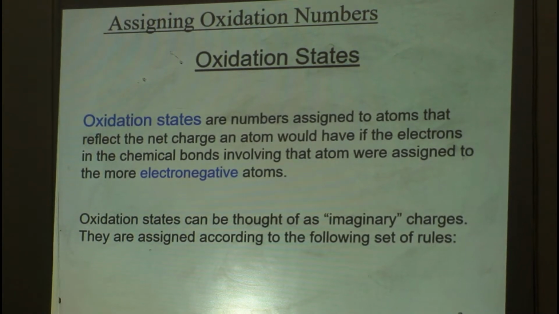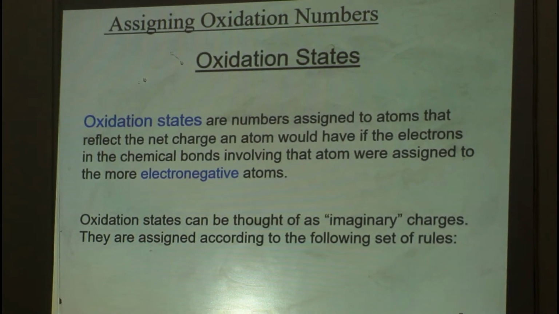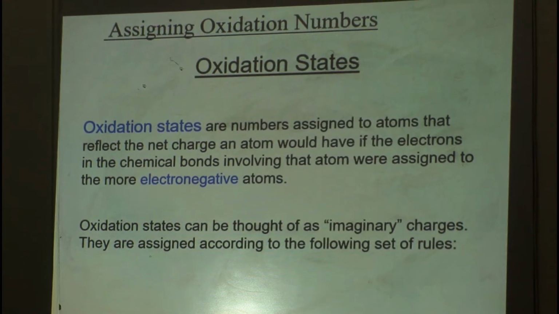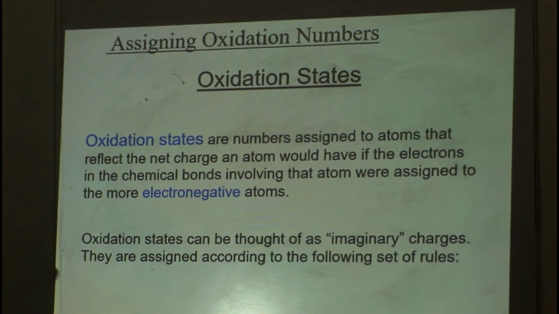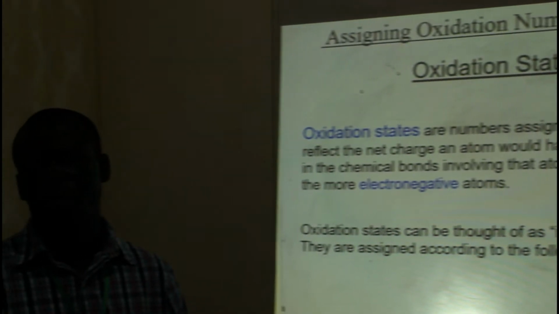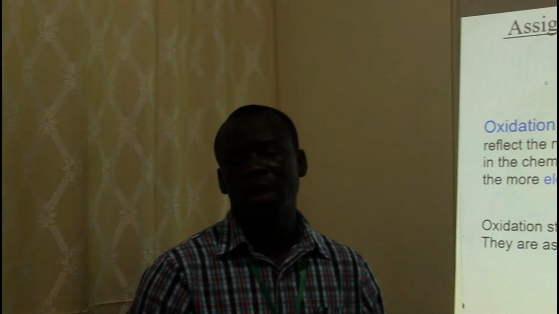Let's look at how we assign oxidation numbers to compounds. This is going to help us identify oxidation numbers and also help us balance redox reactions.